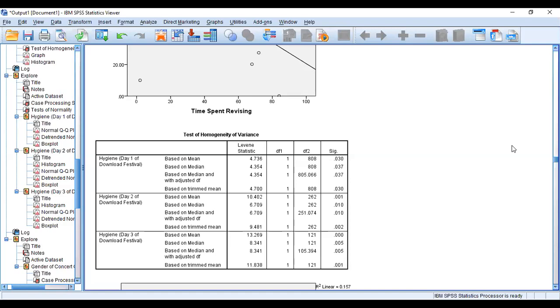Okay, so after transformation we can check whether our data is normally distributed or not. First of all, we should check our data normality and homogeneity through KS test and Levene's test. If our data is not normal, not homogeneous, then we will correct our data.